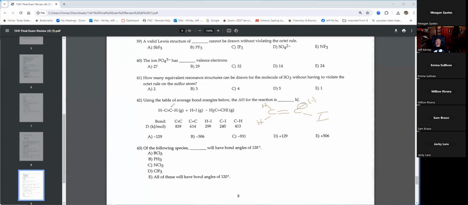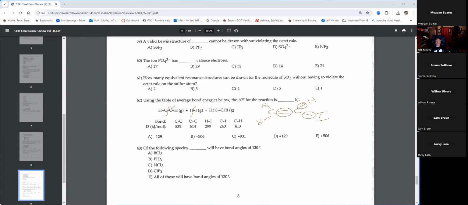So it looks like I broke a triple bond. That's why I use the strike here. So I broke a triple bond and I broke the HI bond. I formed a carbon-hydrogen bond. I also formed a carbon-carbon double bond because there's no carbon-carbon double bond over here. I also formed a carbon iodide bond.